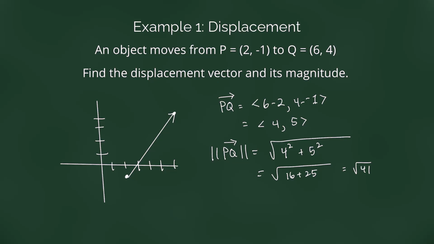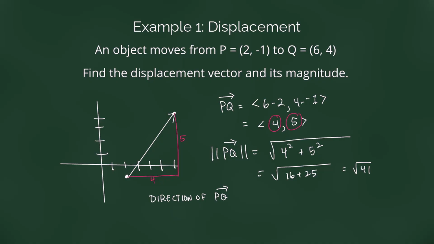Now, the question doesn't ask us to, but we can look at the direction of PQ. If we look at this triangle here, we know that this triangle has a vertical component of 5, because the vertical component of PQ is 5, and a horizontal component of 4.